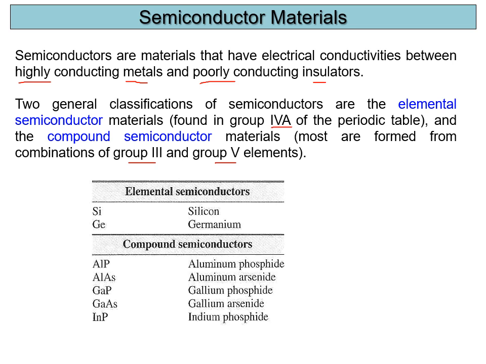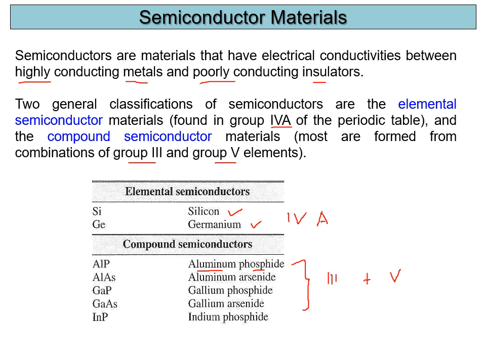This is the example for elemental semiconductor such as silicon. Germanium is coming from group 4A, while compound semiconductors are a combination of group 3 and group 5 elements, such as aluminum, which is coming from group 3, and phosphorus, which is coming from group 5.